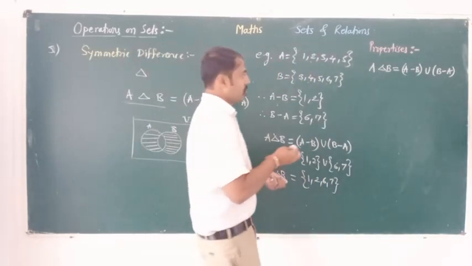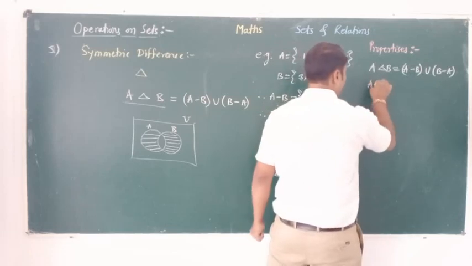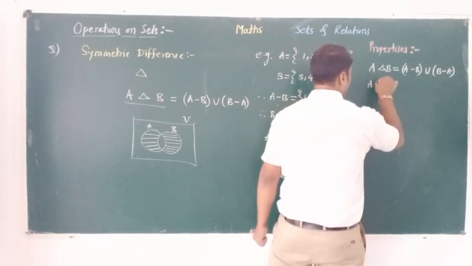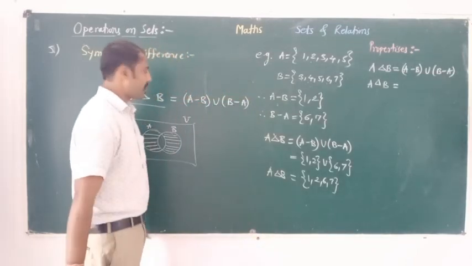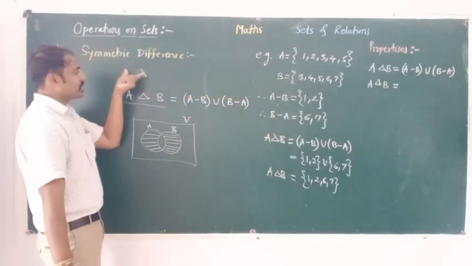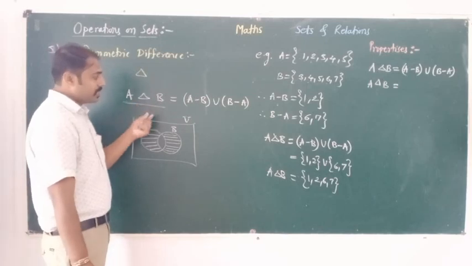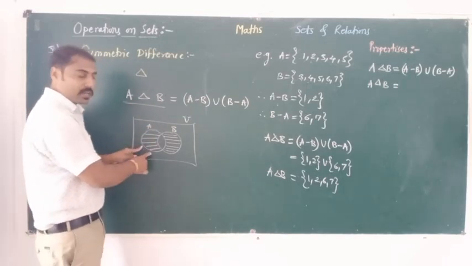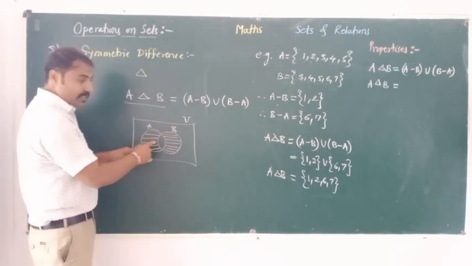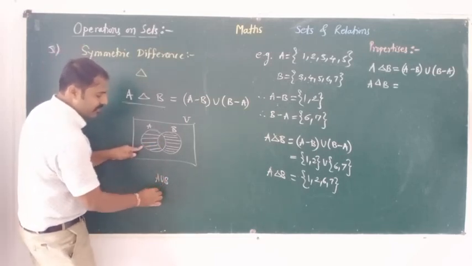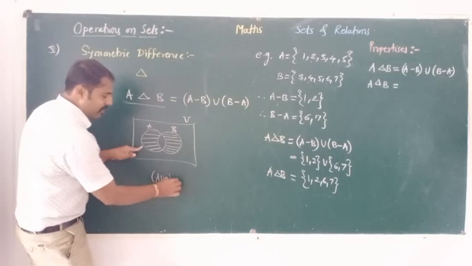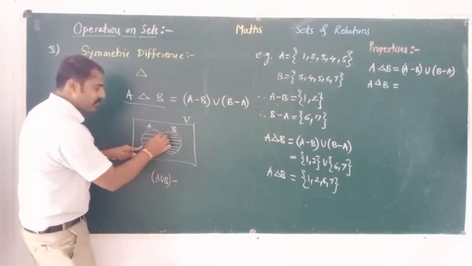Now another form of A delta B, or we say that symmetric difference of A and B, is clearly that shaded portion is elements in A and B. But which elements are not there?